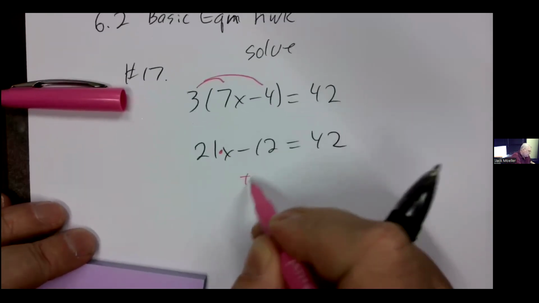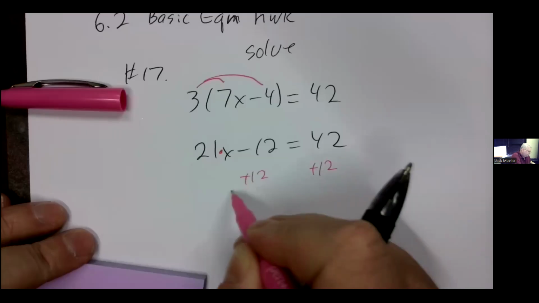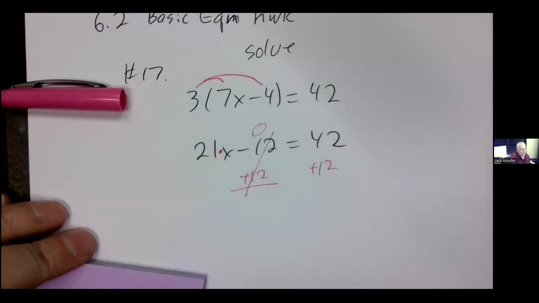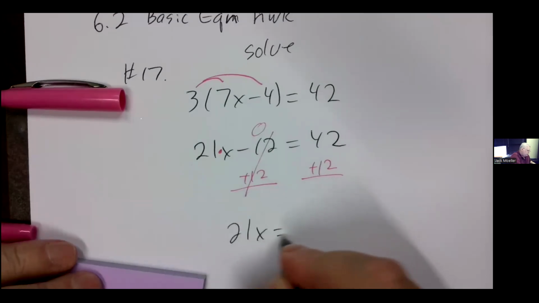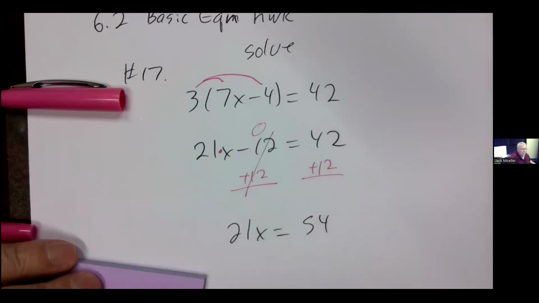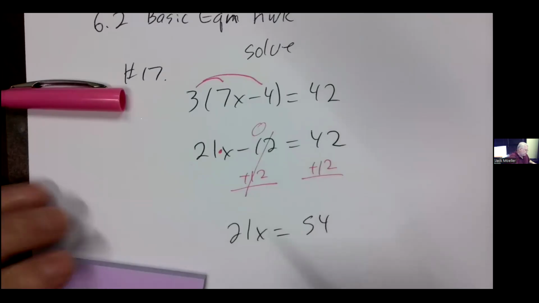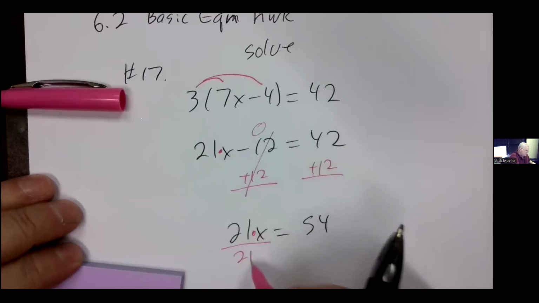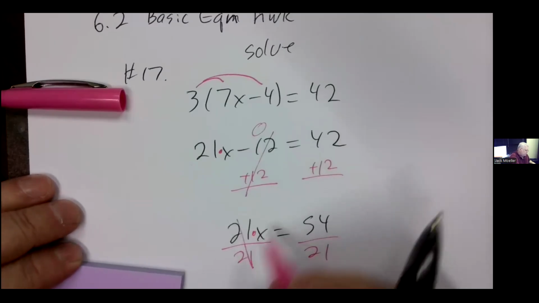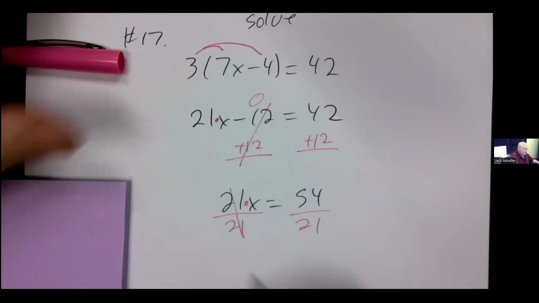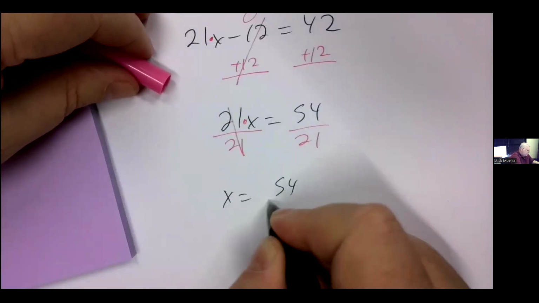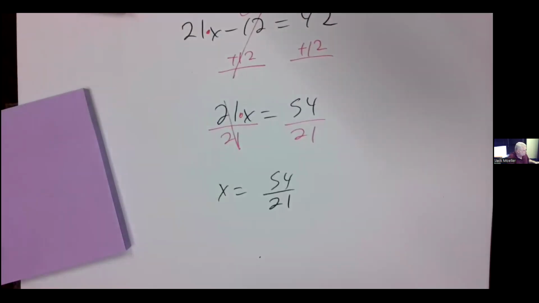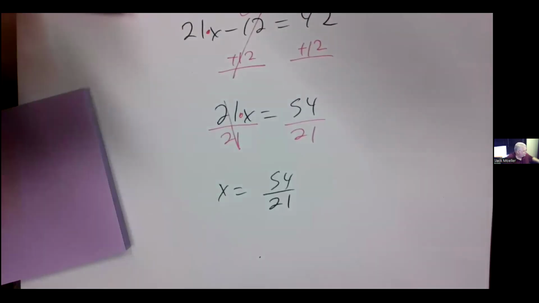We add 12 to both sides. That cancels out on the left, and we end up with 21x equals 54. The last step is to divide both sides by 21 because we're trying to get 1 in front of the x. And so we get x equals 54 over 21.